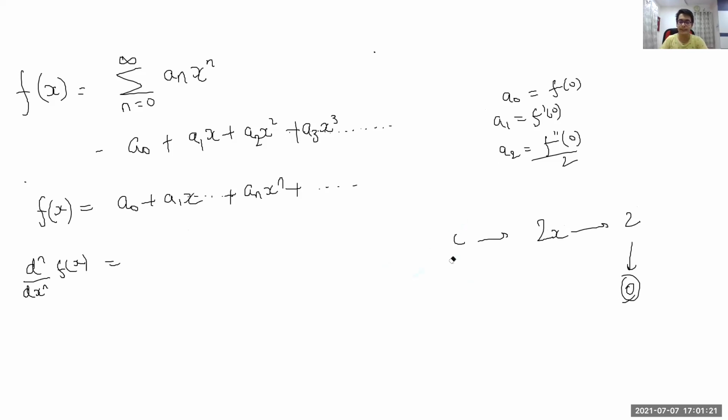So we can just say that all the terms whose exponent is less than n, their nth derivatives will automatically vanish and go to 0, right? As they'll just go to a constant in the derivative, and then after you differentiate a constant, you just get 0.